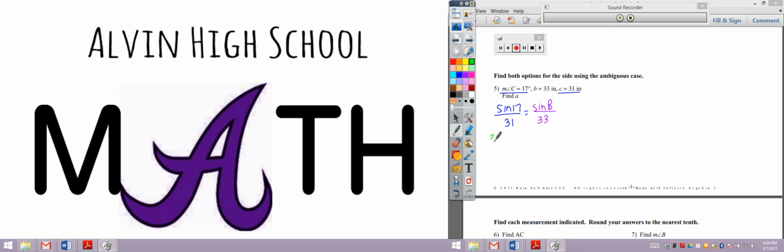Cross multiply. Inverse, because I'm finding an angle. So inverse sine of 33 times sine of 17 divided by 31. That gives me an angle B of 18.1.